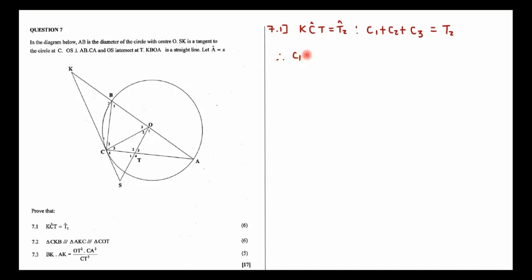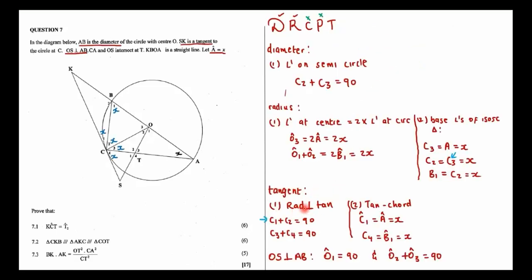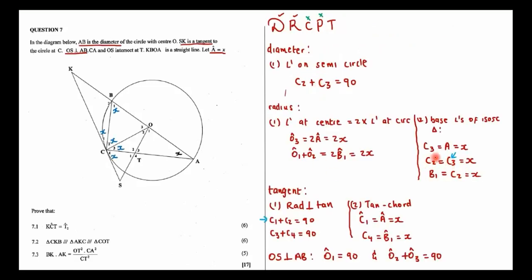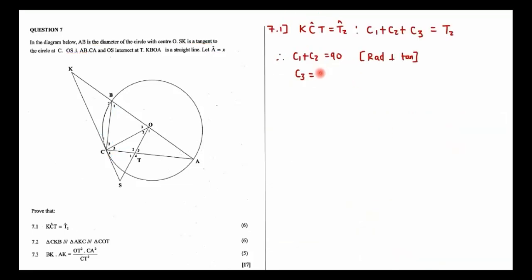Therefore, we're going to first say that C1 plus C2 is 90. And the reason for that, we see that it was radius perpendicular to tangent, right? Now you don't have to worry about this because it is already there, because we've already written it. You're just copying it down now. And then after this, we said C3 is equal to A, which is X. So I'm going to say C3 is equal to A, which is equal to X. The reason for that is base angles of an isosceles triangle.